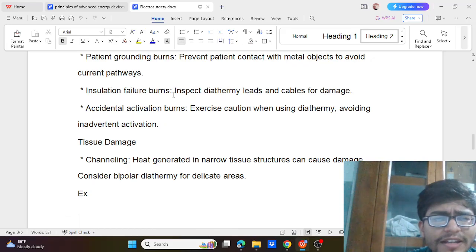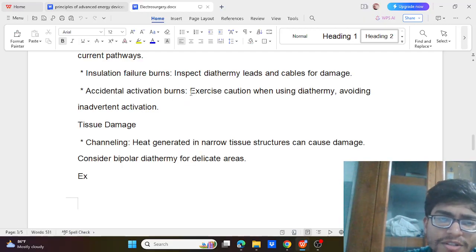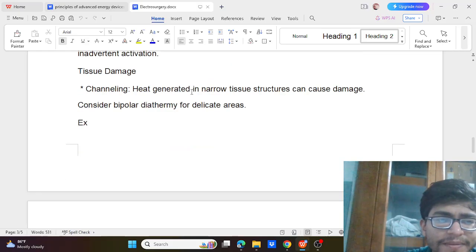Then insulation failure: if there is some damage to the leads or the cable, it could result in insulation failure burns. And accidental activation burns, that is inadvertent activation of a diathermy electrode, can cause accidental burns.